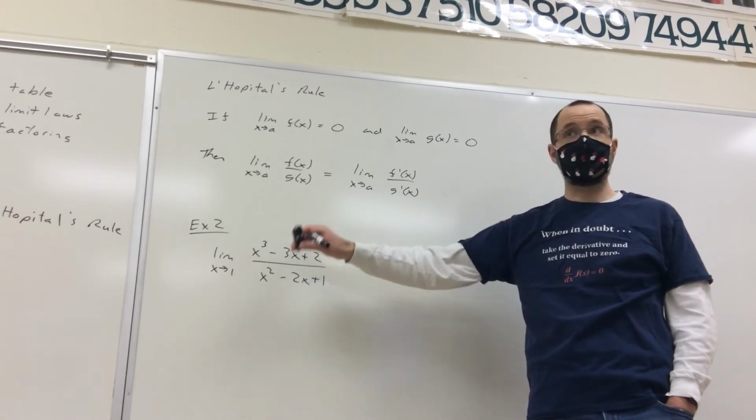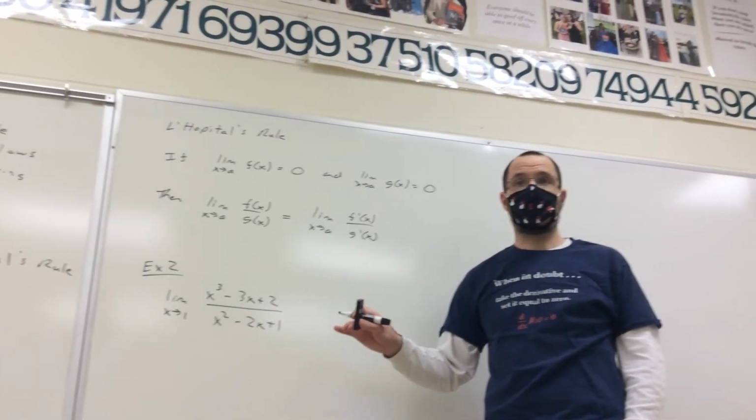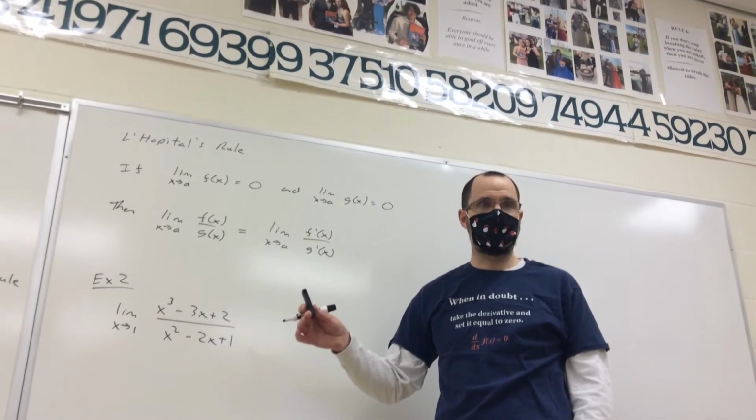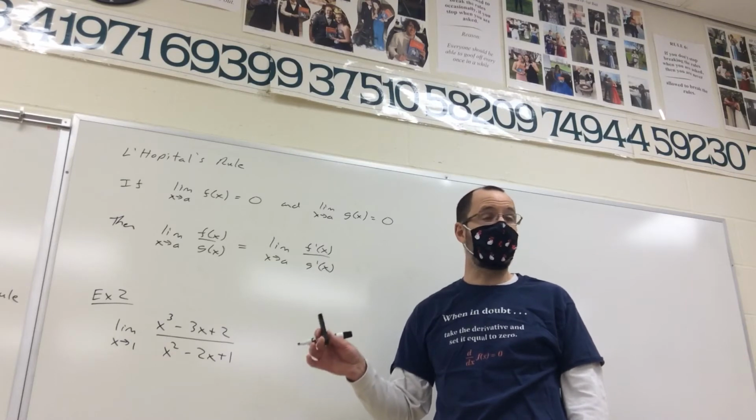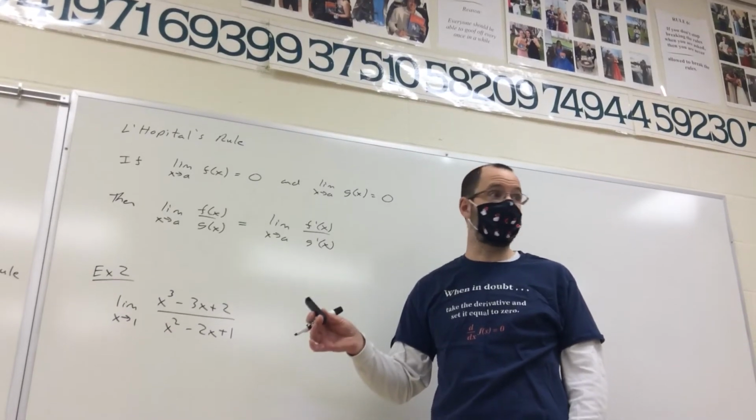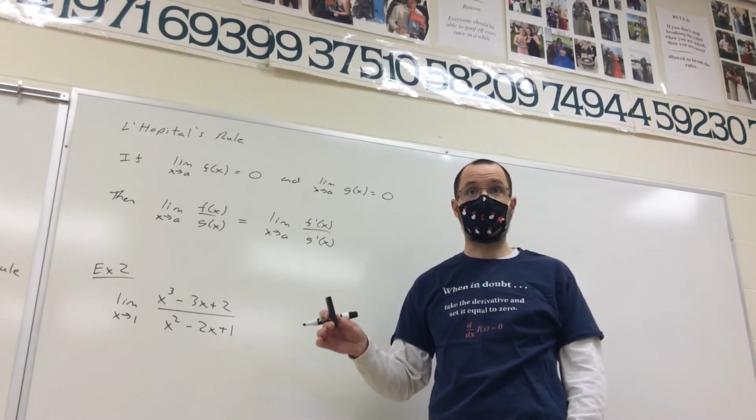All right, so we're trying to calculate this limit, and we just learned L'Hopital's rule, so probably that's what we're going to use. But before you're allowed to use it, you have to check to make sure that it meets the requirements, right?